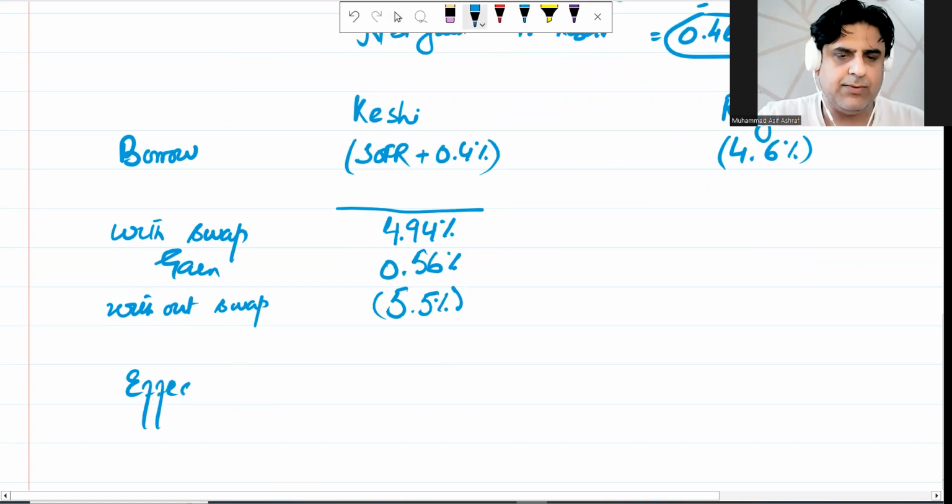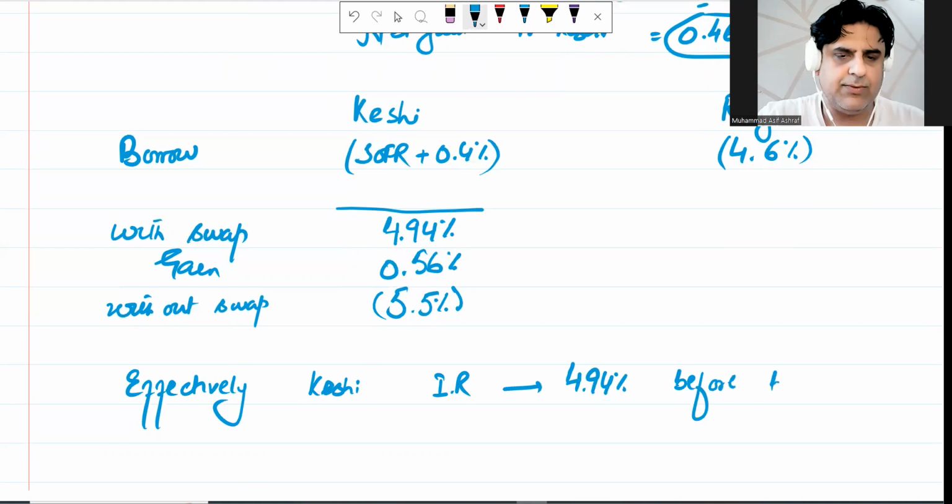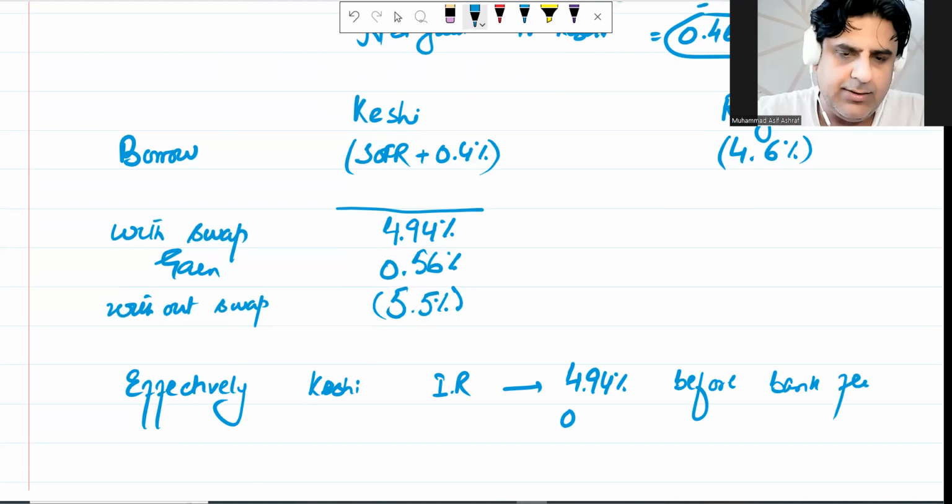So we can say that effectively 𝗜희 interest rate would be 4.94% before bank fee. Add 0.1% bank fee.